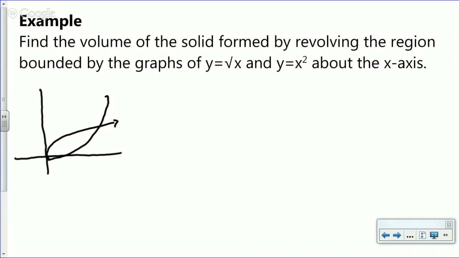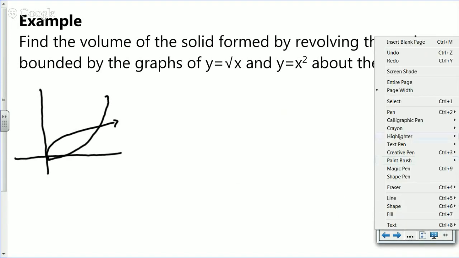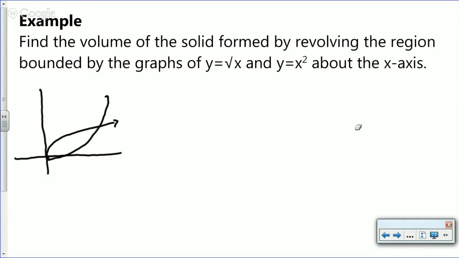Okay. All right, and I would like to rotate about the x-axis. Okay, so would you choose washer or disk method here? Should be washer, right? Again, because there's some empty space between this region that I'm rotating and the x-axis.